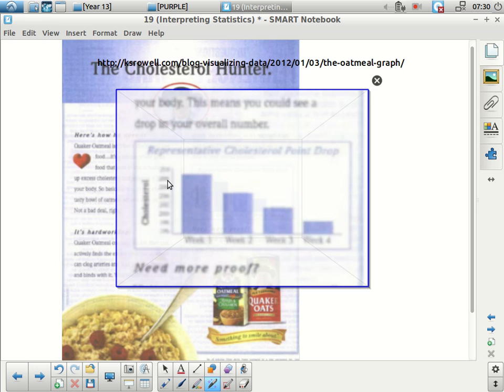You can't see the numbers too well, but you can see the very clear drop in the bar graphs. But the top of this scale is somewhere in the low 200s, and the bottom of this scale is like 196. So it's showing this really dramatic drop in your cholesterol level, when actually it's going down a little bit each time as you continue to eat Quaker oats.